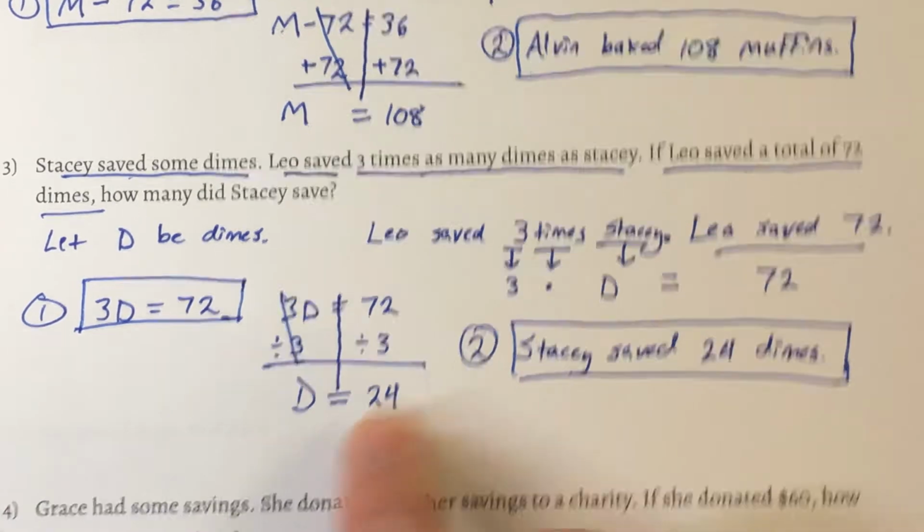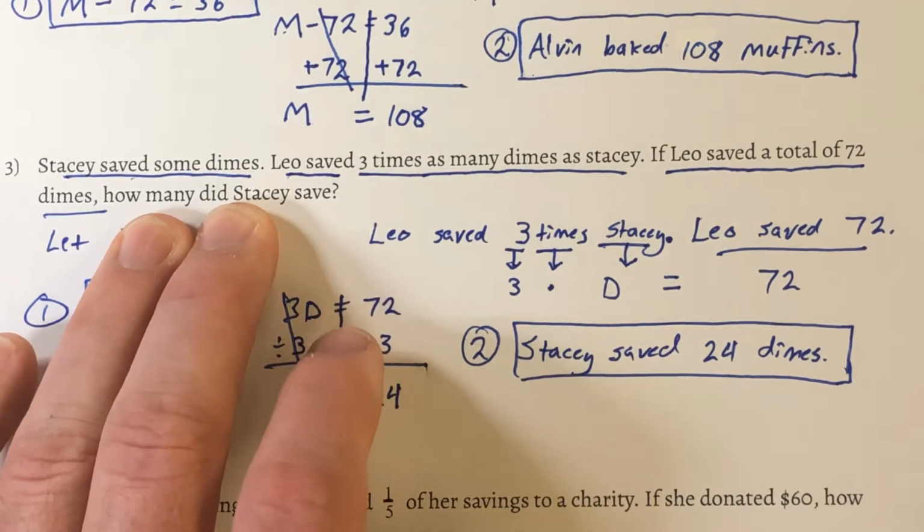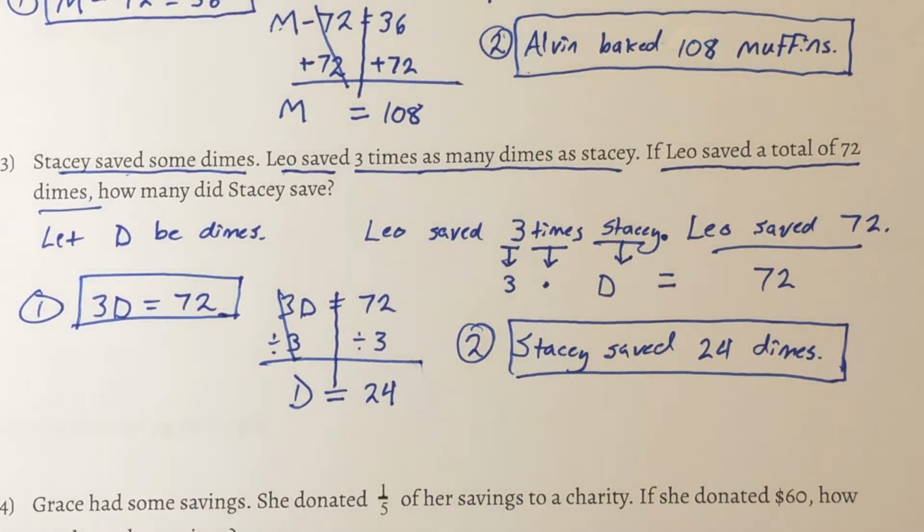I would have had to take 72, subtract 24, and I would have gotten, I think, 48. Let me make sure that's correct. Yes, 48. So if the question had said, how many more did Leo save? My answer would have been, Leo saved 48 more dimes than Stacy.